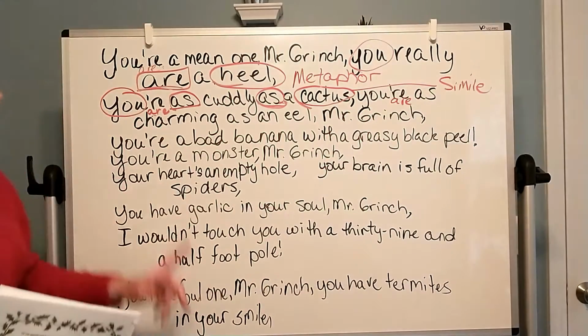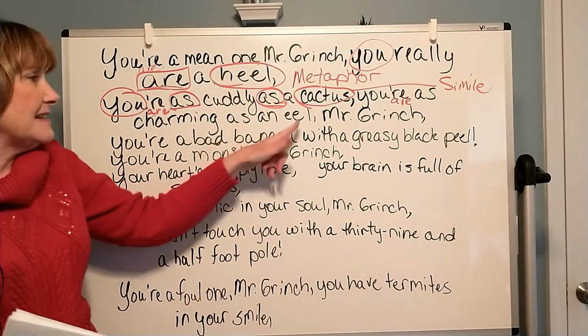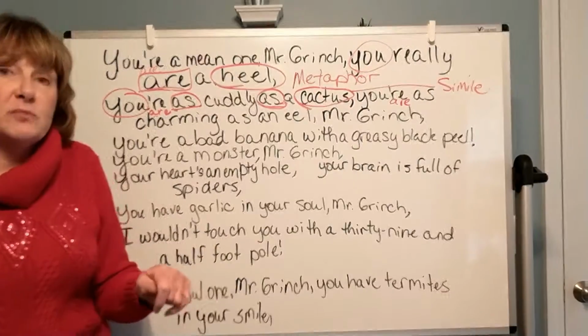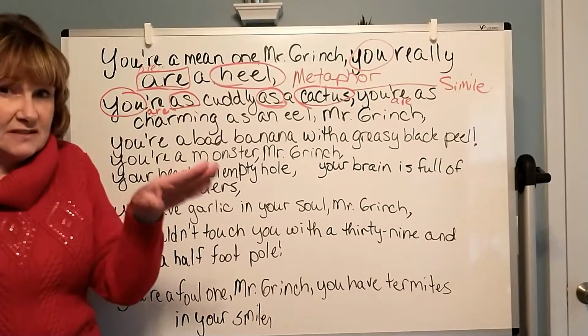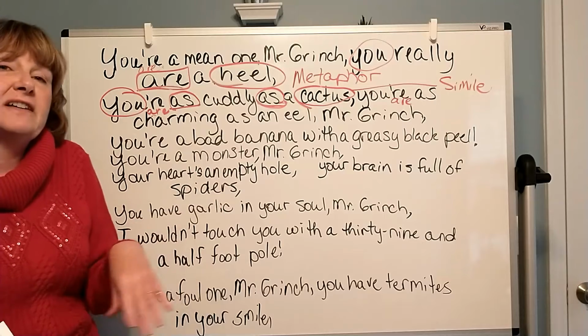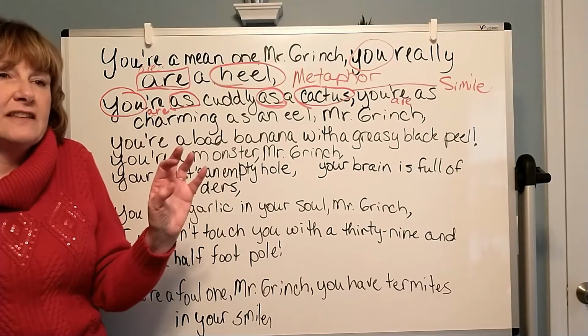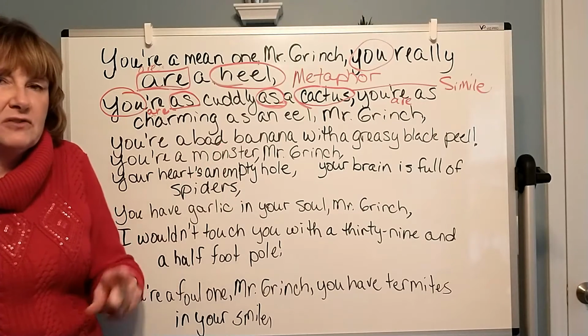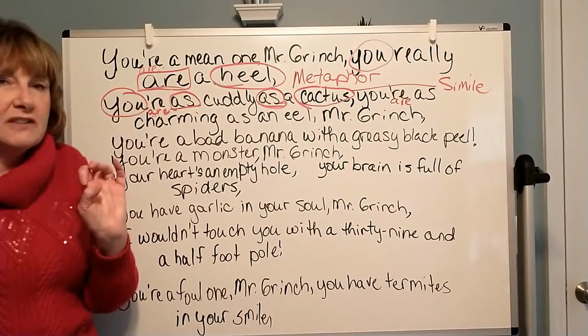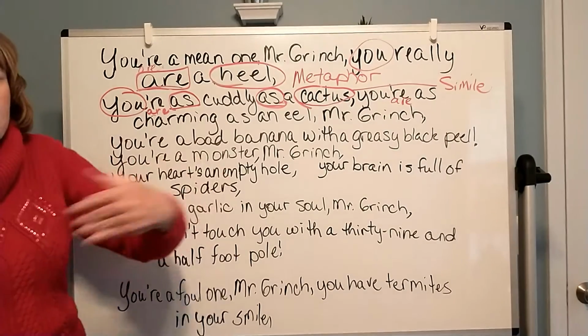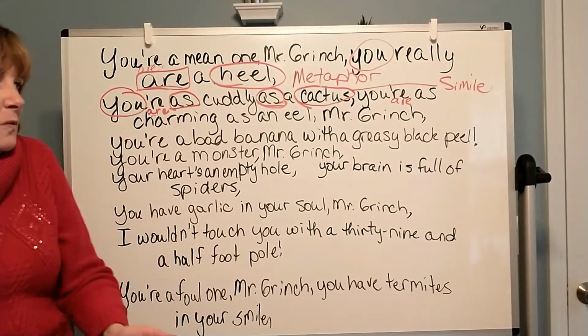Your, again, this is a contraction for you are. You are as charming as an eel. Well, eels, we're supposed to stay away from that because they're supposed to be dangerous to touch. I don't know how true that is, but they say they've got electricity or something when you touch them. And I don't know if they have sharp teeth, but we don't really want to touch an eel. And an eel is similar to a snake in the water.